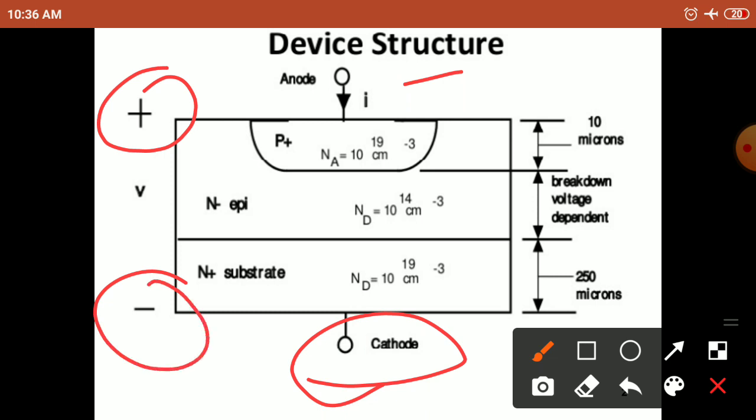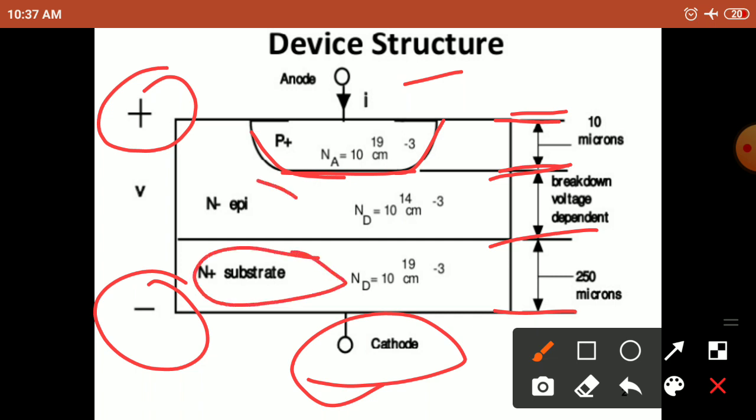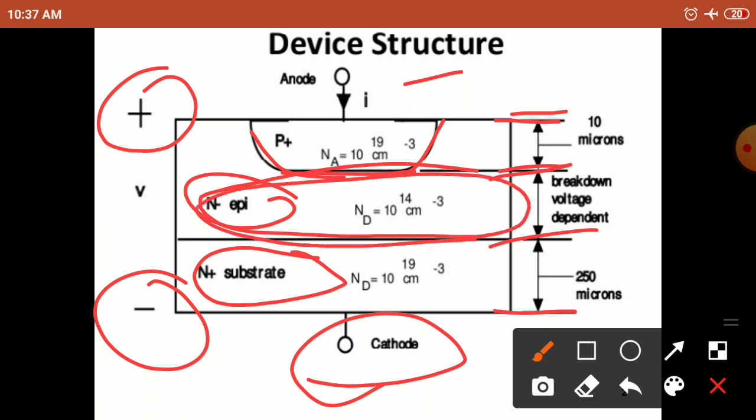Here, a 10 micron thickness has a P plus semiconductor material. Then after that, 250 microns of N substrate is doped here, the N minus region, whose size depends upon the breakdown voltage.